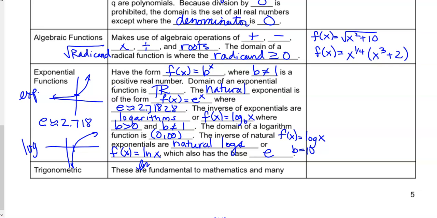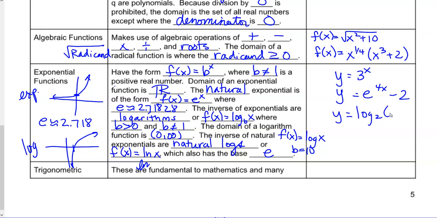If you need to go back and brush up on some logarithms and exponentials, we won't do a whole lot with them, but we will end up working with them. Here are some examples of exponential functions and log functions. We have y equals 3 to the x. I could also have y equals e to the 4x minus 2. For a logarithm function, we would have y equals log base 2 of x plus 3.